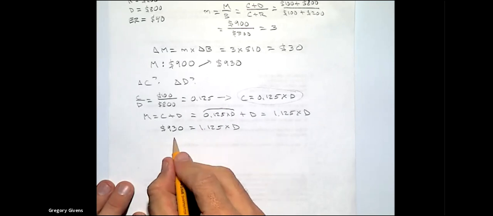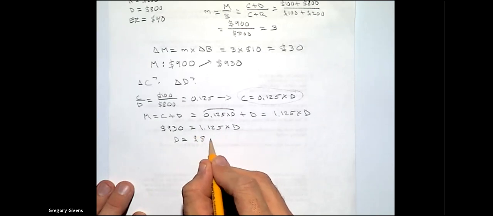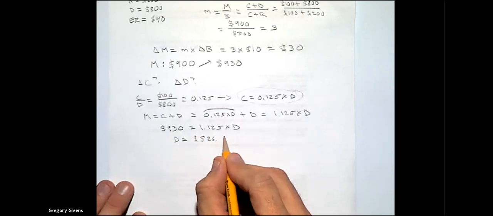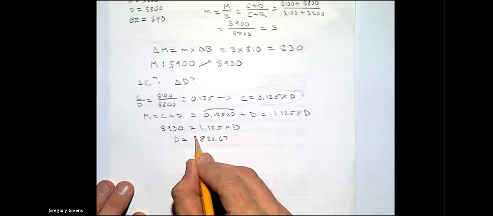And if I flip that equation around, you'll find that deposits, if I did the math right here, is 826.67 billion. So that requires a few lines of algebra, but it's still pretty straightforward if you make use of the currency to deposit ratio.